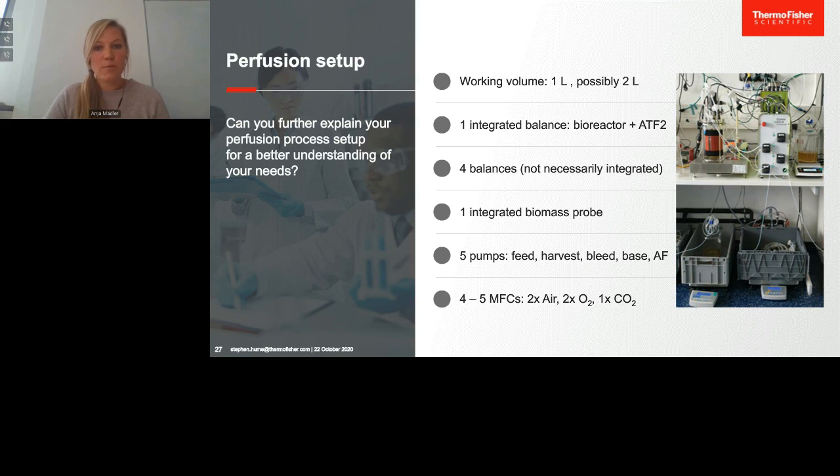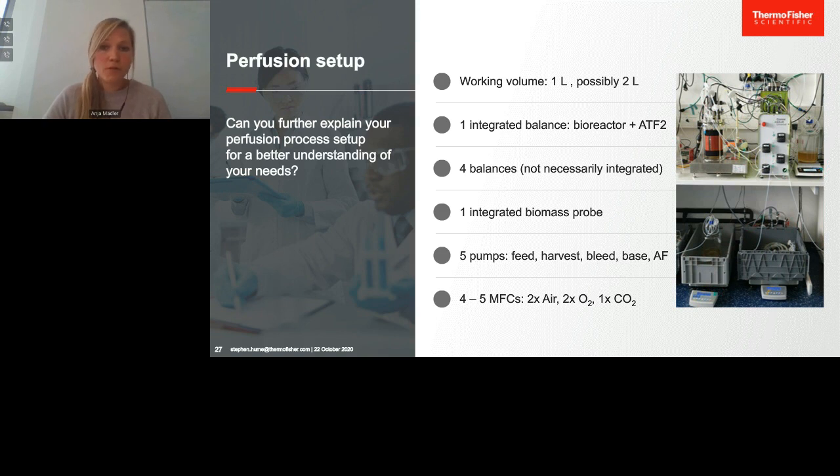That way the volume can be kept constant within a certain range during the whole process. We have 4 additional balances for feed, bleed, harvest, and base, but they don't necessarily need to be integrated. But if you want to track it online as well, then you can integrate them.